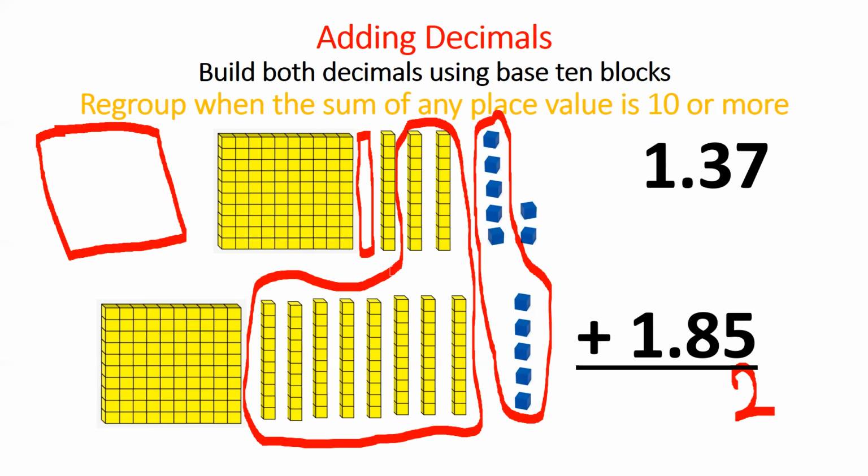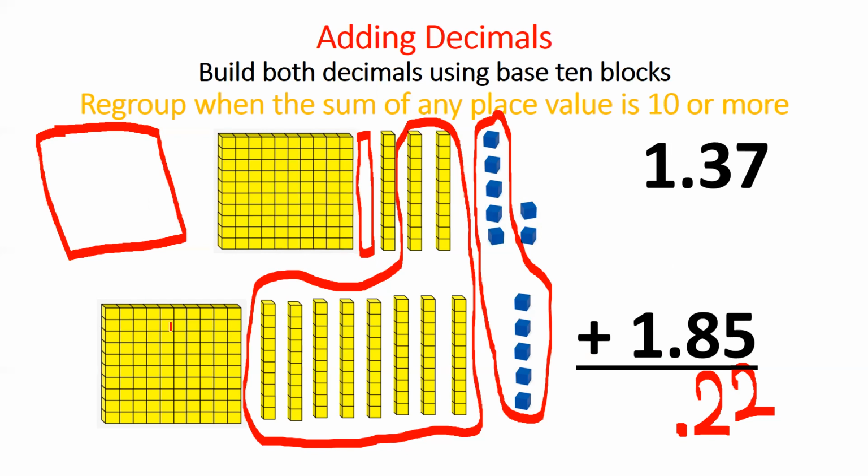So for the tenths place, what is the leftover? The leftover is two rods, and so you write down the decimal point here. The decimal is always in the same place like that. And let's look at the ones place: one flat, two flats, three flats.